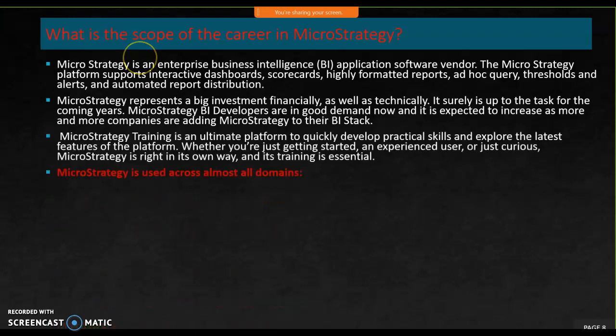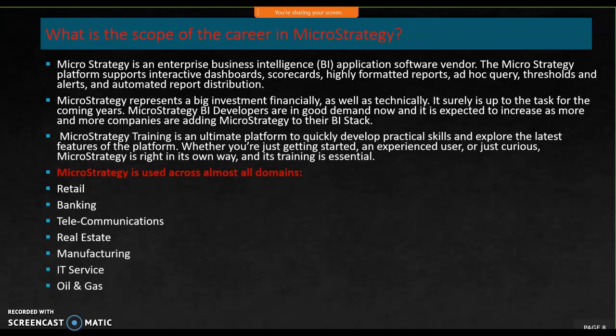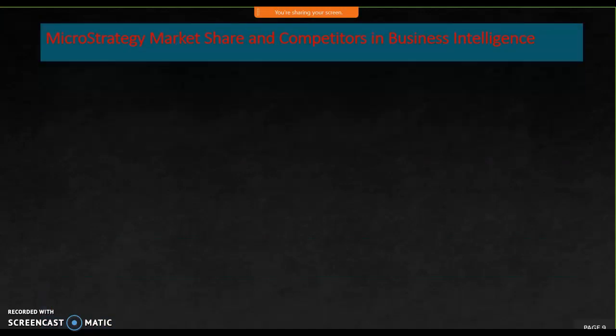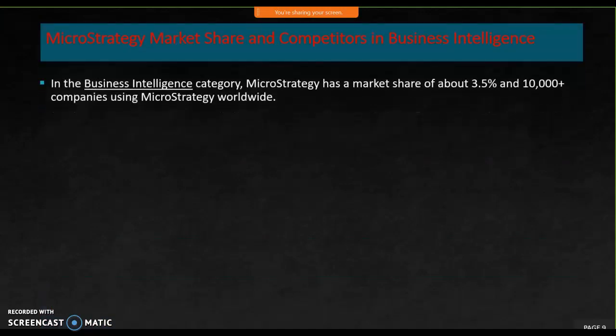So where is MicroStrategy being used? It is used in almost every domain: retail, banking, hospital, telecommunication, real estate, manufacturing, IT services, oil and gas, and government bodies as well. So what is the market share and the competitors in business intelligence?